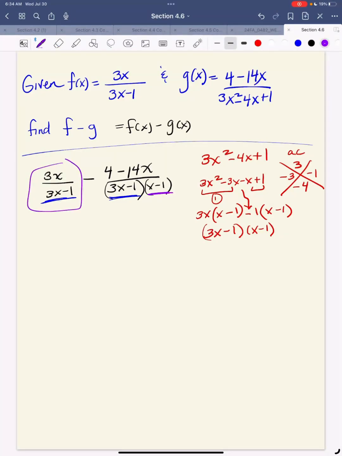So what I need to do is multiply by the x minus 1. So it's x minus 1 on top and bottom that I need to multiply to my 3x over 3x minus 1 in order for me to have that common denominator.